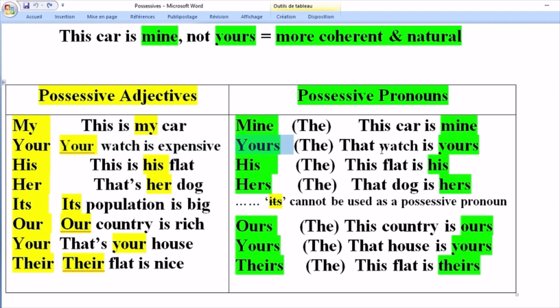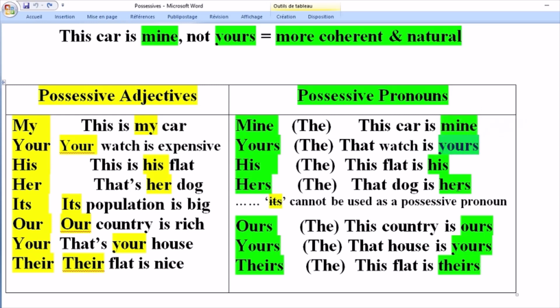Yours. The watch is yours. You can ask it in the form of a question: whose watch is this? Which means to whom this watch belongs. It belongs to you. It is your watch. So that watch is yours.